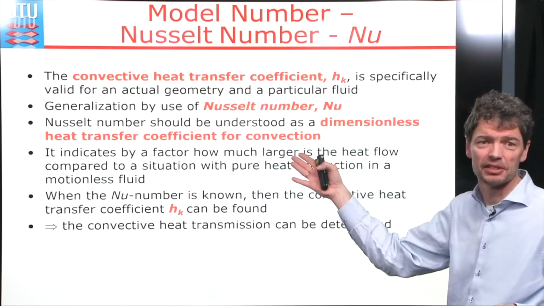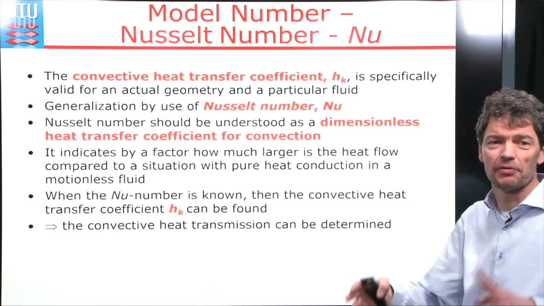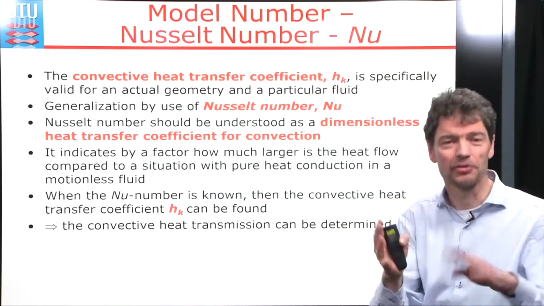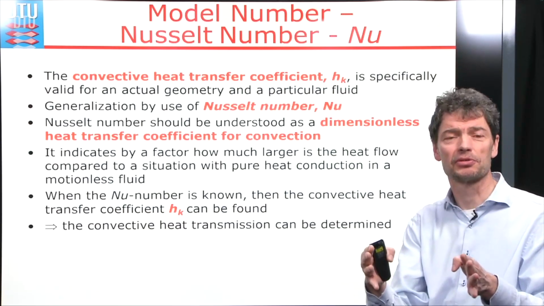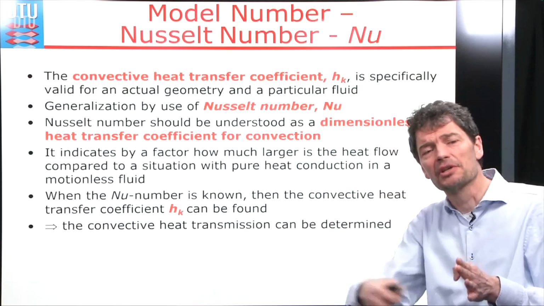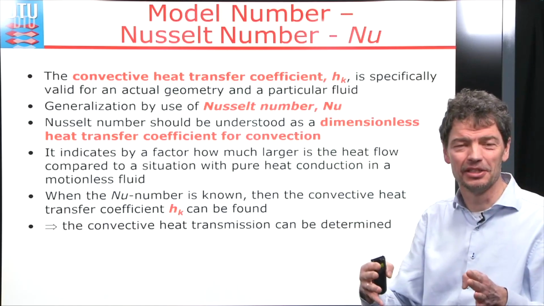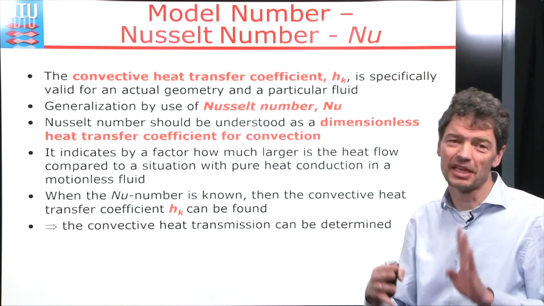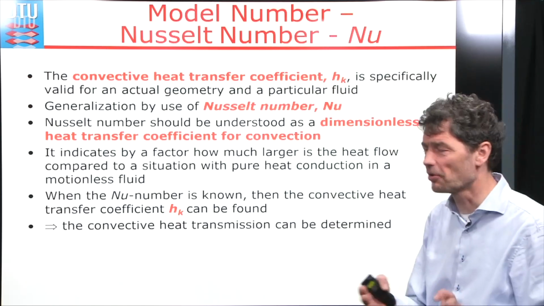But it's characterizing the convection. As I said before, if we have air or liquid that were standing still, then we could just calculate the heat flow through those materials as if it were heat conduction. But because of the flow, we normally have a higher heat transmission than if it were still standing liquid or air.